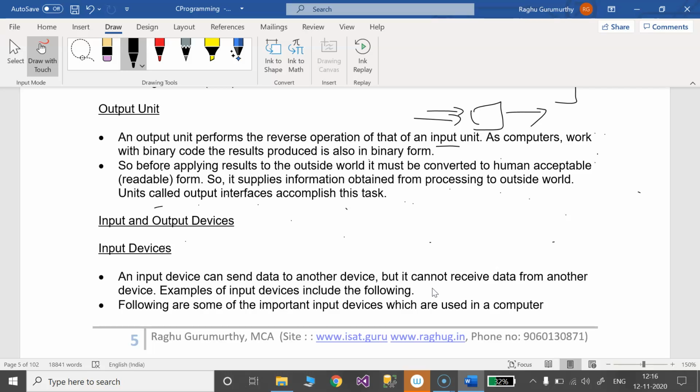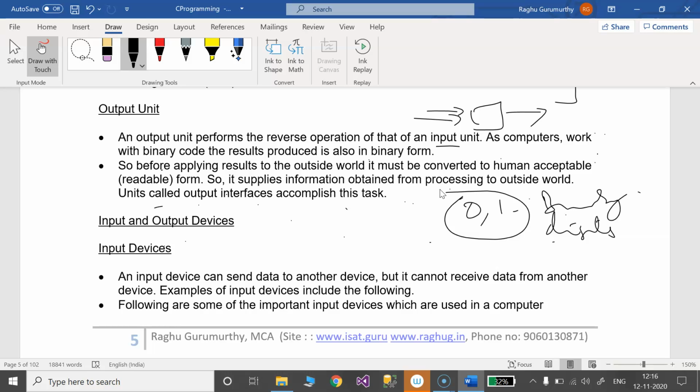As we know earlier, the computer understands only zeros and ones. That's why we call these digits binary digits. So the output unit will produce results in this format only, because the computer only knows binary format, nothing more than that.